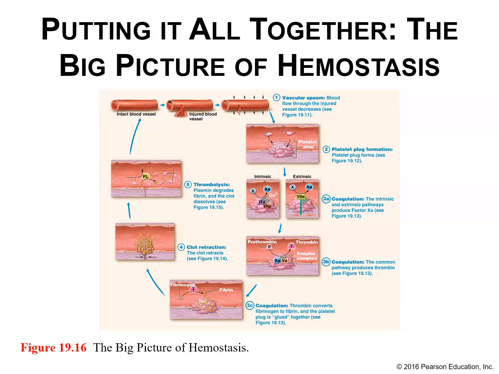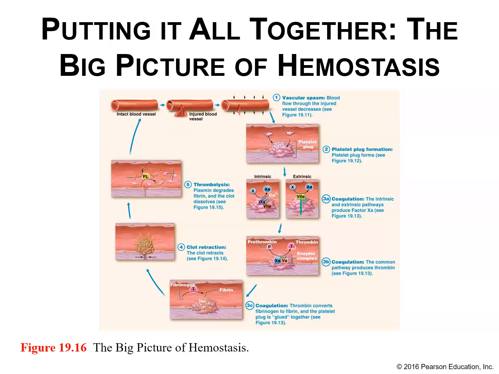This would be the intrinsic pathway, which involves 9 and 7 and calcium, and this is the extrinsic. Remember, the intrinsic occurs in the blood, and the extrinsic occurs in the tissue. It involves the subendothelial factor, but they both converge and convert 10 to 10A.